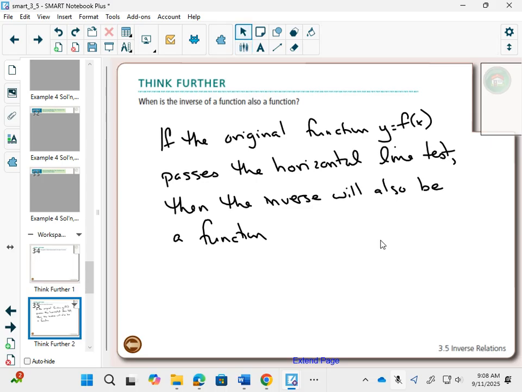Makes sense? A parabola does not pass a horizontal line test. Gets hit twice. Inverse is not a function. A straight line passes the horizontal line test, so its inverse will always be a function.